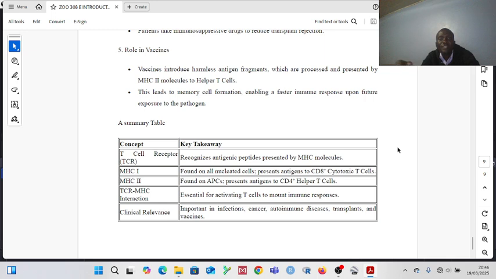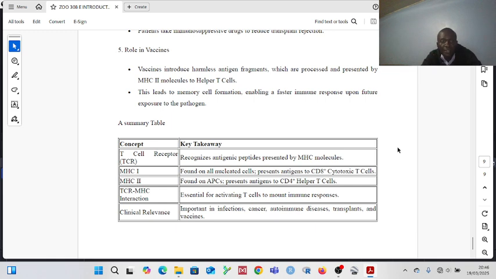So once it is presented, the memory T cells will keep it in mind so that anytime there is such an infection, now a real infection, a faster immune response can be initiated.